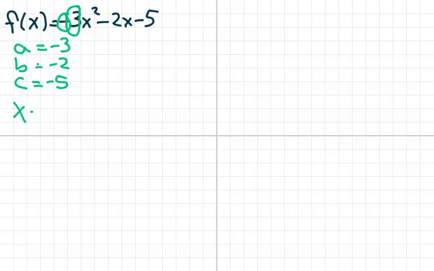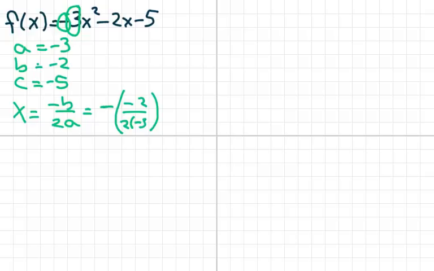So your axis of symmetry is negative B over 2A, which is negative, I'm going to do it this way. B is negative 2 times 2 times negative 3. So we have 3 negatives, so I know this whole thing's going to be negative 2 over 6, which is negative 1/3. Oh my goodness, so negative 1/3.